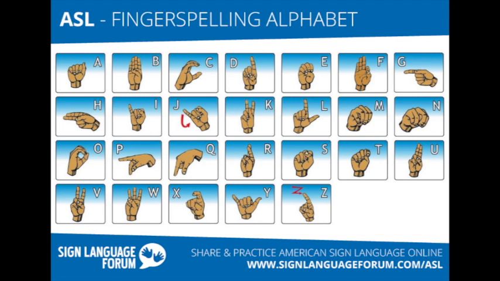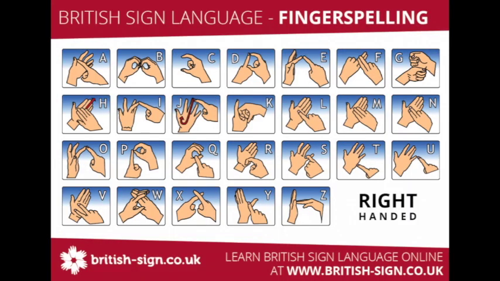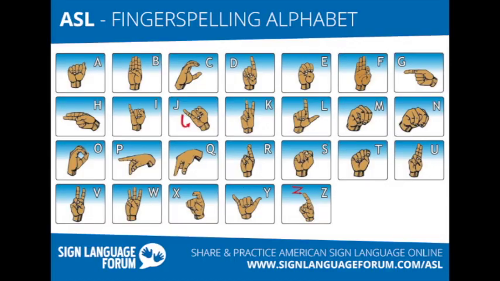And if that's different, it's probably going to be different all over the world. So there are different hand shapes for the different letters, and all the letters of the alphabet are written as capital letters. There are no lowercase letters in sign language.